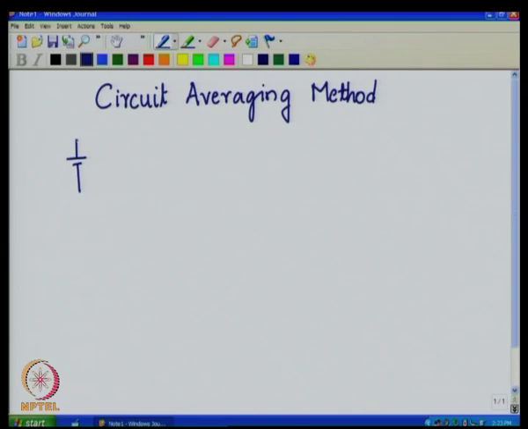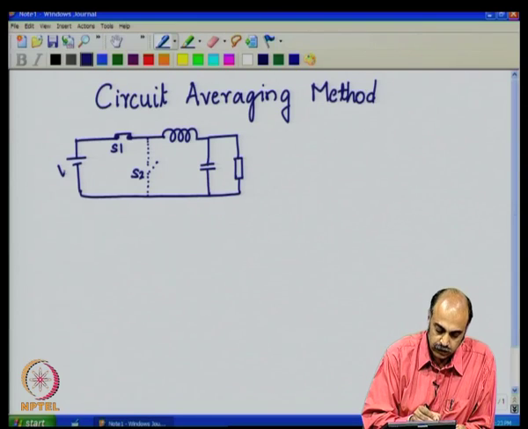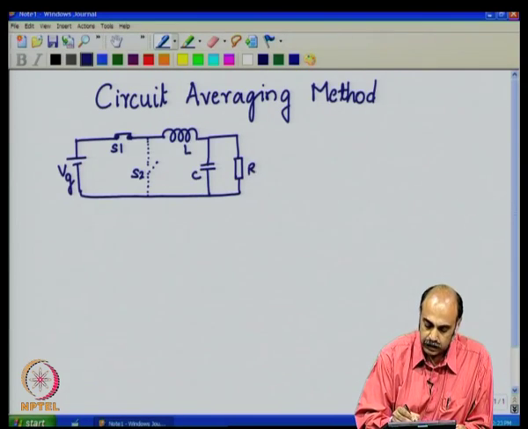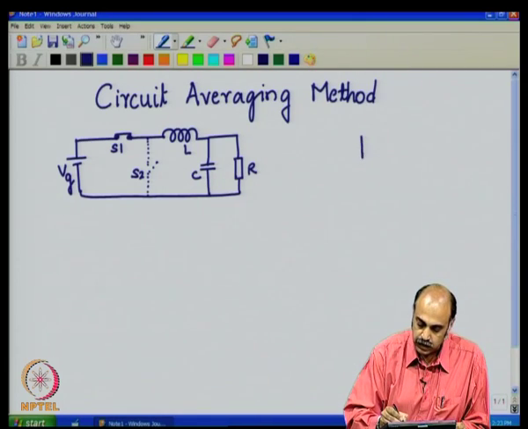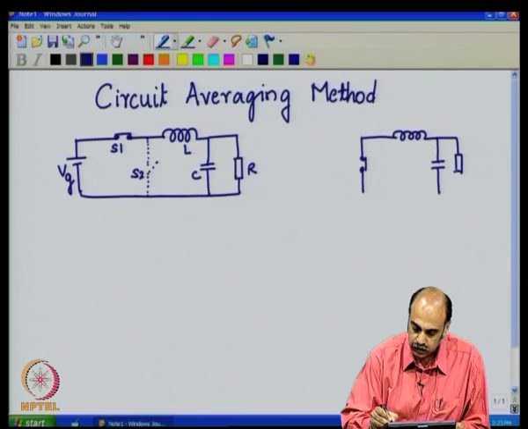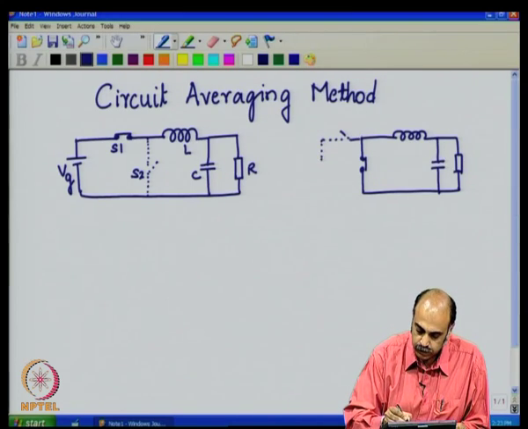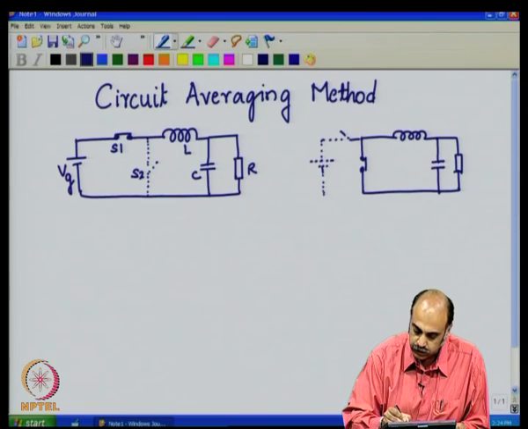We had taken the example of the buck converter, wherein in the first case we had a switch S1 and an inductor as shown here with the load R. So, this is the first part of the circuit where we have not switched on the second switch S2, only switch S1 is switched on: VG, L, C and R. And in the second part, we have only the switch S2 switched on, as shown here, and VG is effectively removed from the circuit.